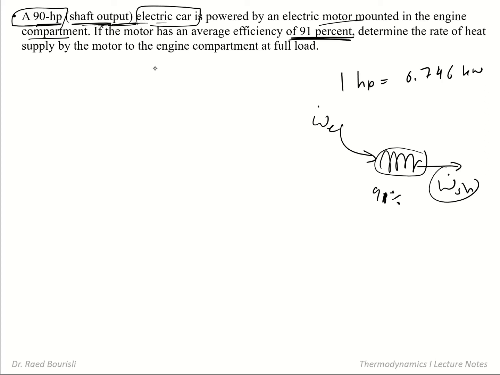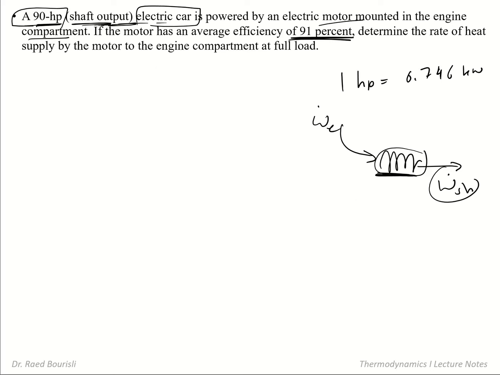You give it a little bit more than what you need, because it's not 100% efficient. We started this: efficiency is the desired output over required input. So the required input is more than 91. Check the equation we looked at.